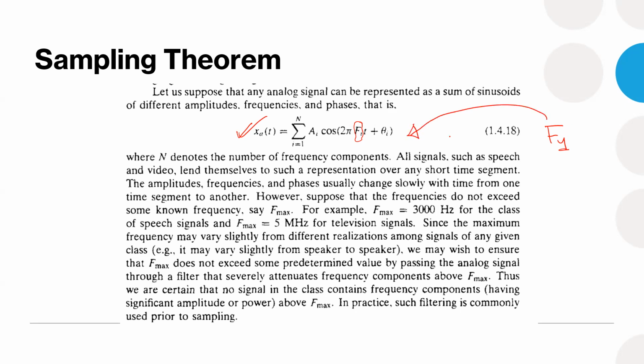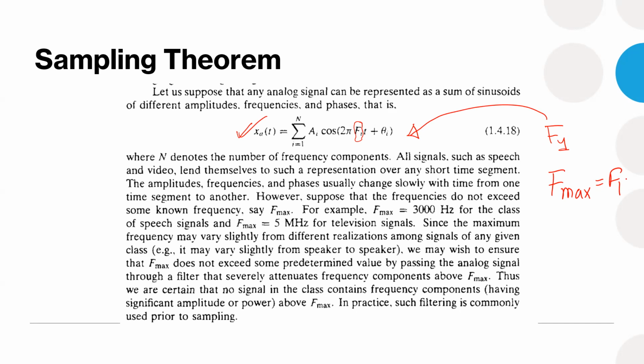So f max is equal to f1, and this is the maximum frequency of this analog signal.